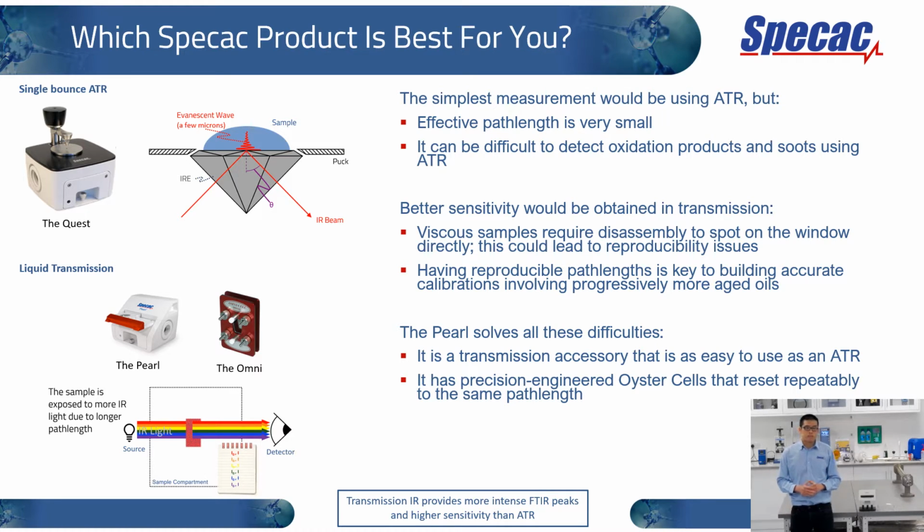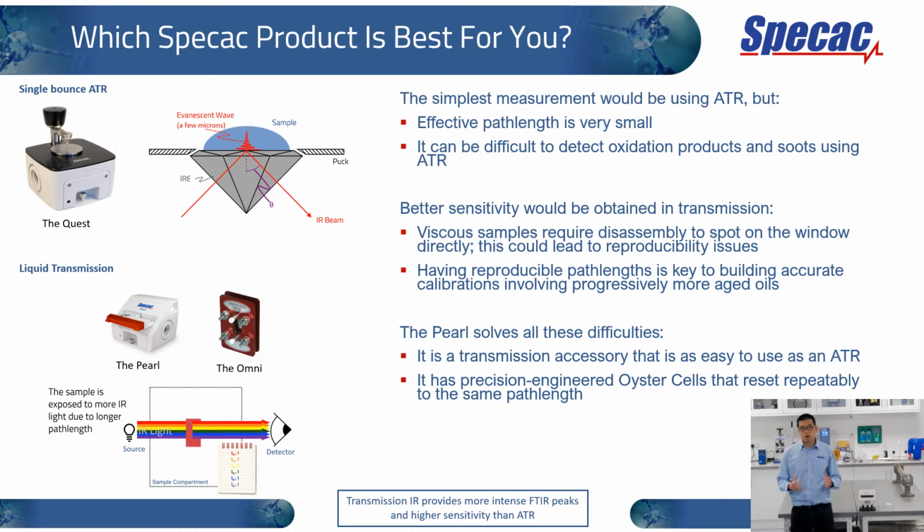But if you happen to have a viscous sample, the Omnicell will require disassembly in order to spot your viscous sample on the window. And this could lead to reproducibility issues. And this reproducibility of the path lengths is particularly important when building an accurate calibration plot involving progressively more aged oils. And so we believe that the Pearl solves all of the issues above.